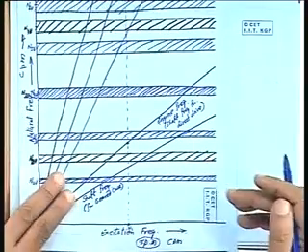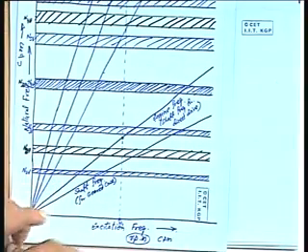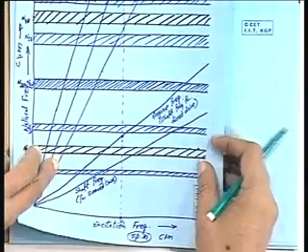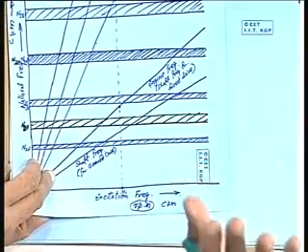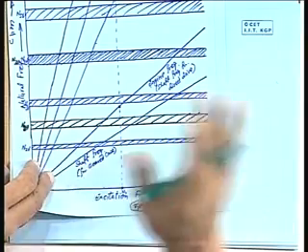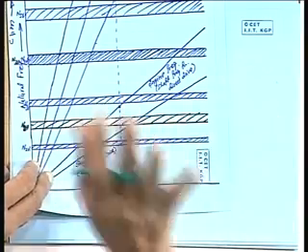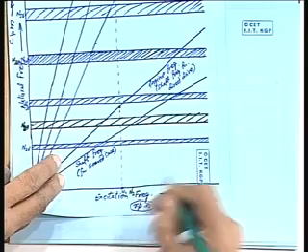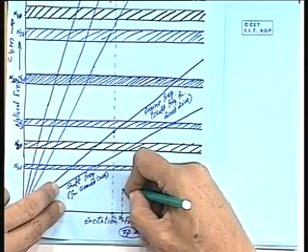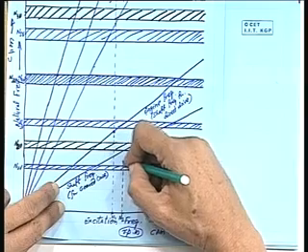Now, let us see another option of another engine. Obviously, when you choose engines which will fulfill your horsepower or power requirement, their RPMs also will be more or less close by. So, let us say that I take another engine which also meets my power requirement, having an RPM of N2. So, I try to put this.